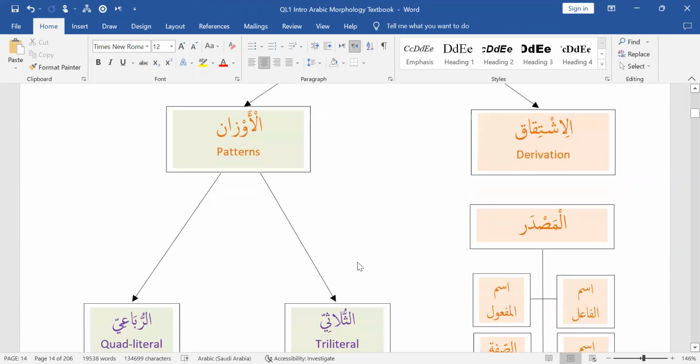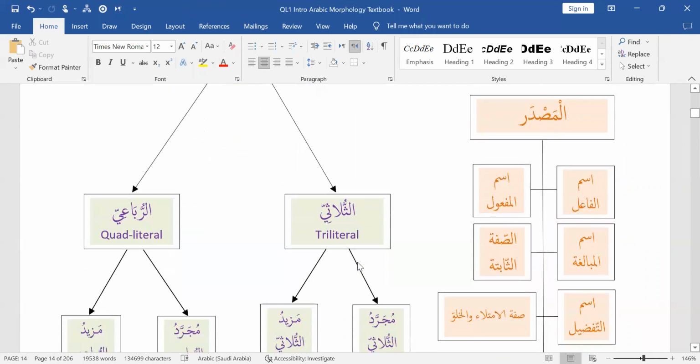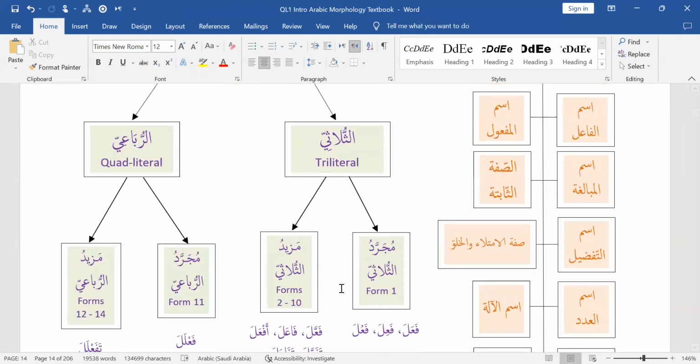Al-awzan, patterns in the Arabic morphology, are either triliteral or quadliteral, meaning that they are based off of 3-letter roots or 4-letter roots. The vast majority of words in the Arabic language are based on 3-letter roots.